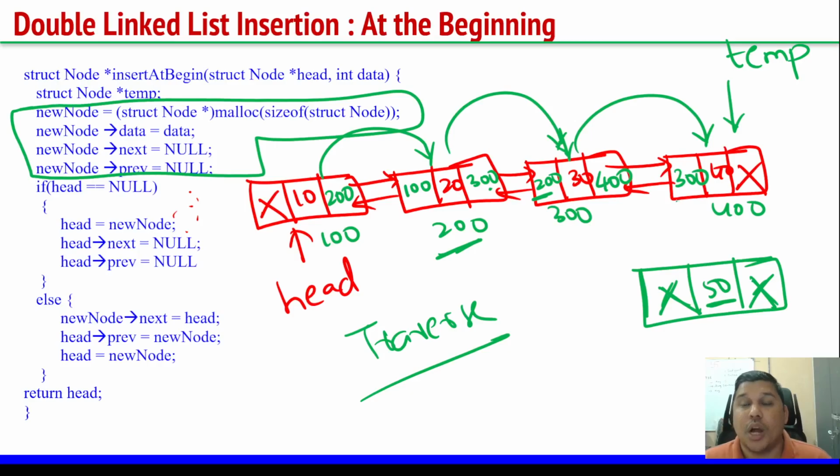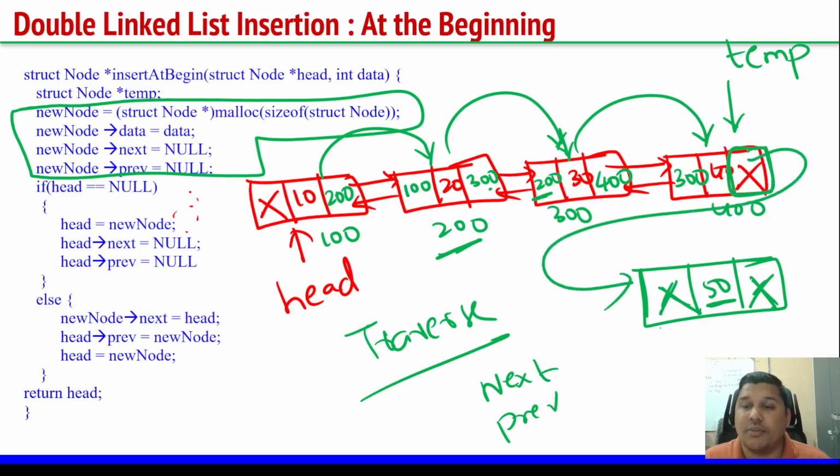Now, how many pointers does every node have? 2 pointers, next and previous. So both we have to create and attach. What is the command here? This temporary node's next pointer should point to the new node. This is the new node.